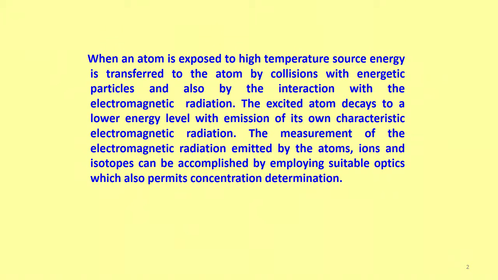The measurement of the electromagnetic radiation emitted by the atoms, ions and isotopes can be accomplished by employing suitable optics and measuring the incident and emitted radiation. You have to measure both, and the difference can be attributed to the concentration. So, that is the theory of emission spectroscopy also.